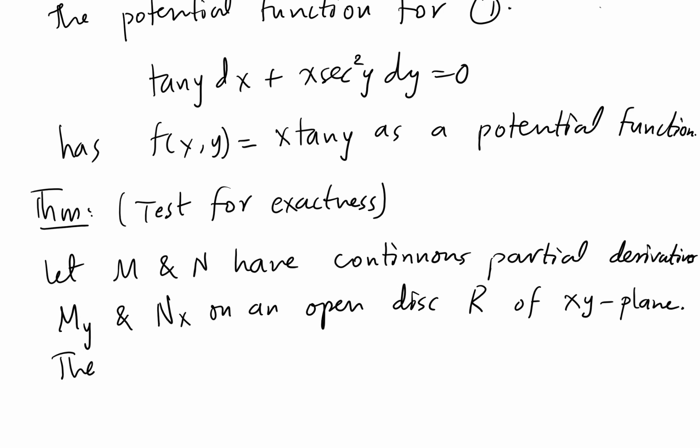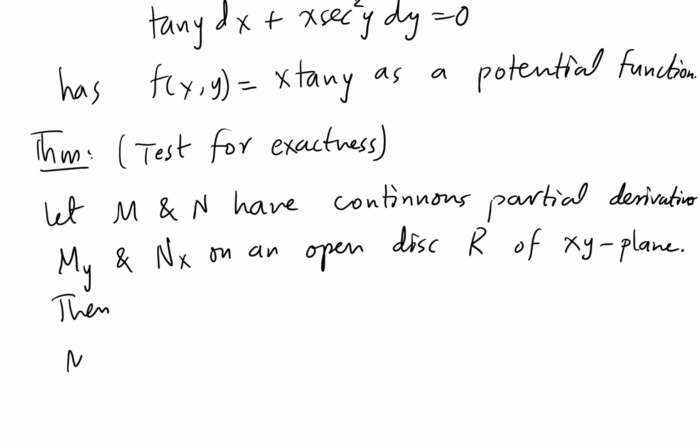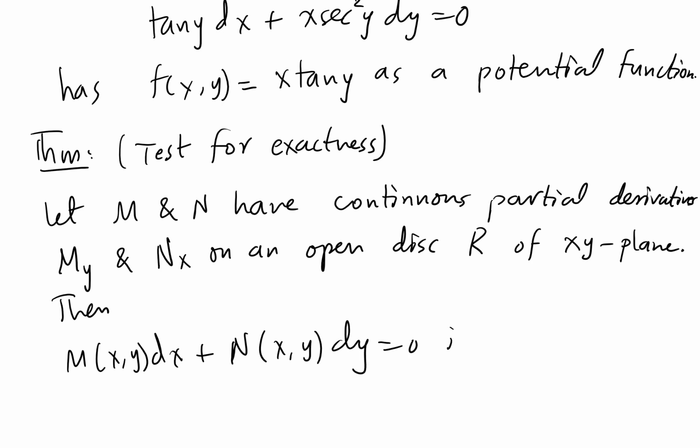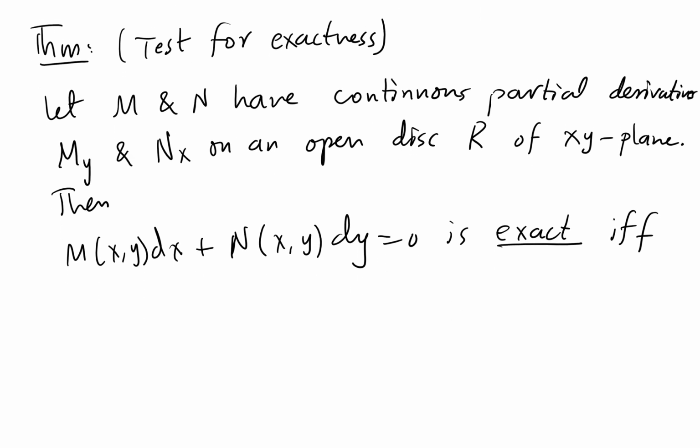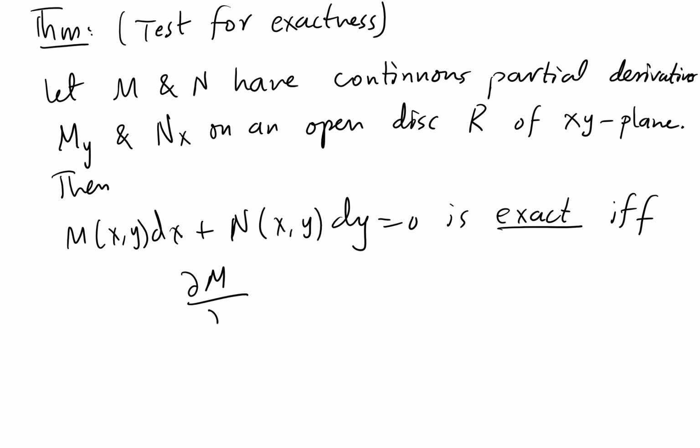Then we say M(x,y) dx plus N(x,y) dy equals 0 is exact if and only if the partial of M with respect to y is the same as the partial of N with respect to x. Very important.